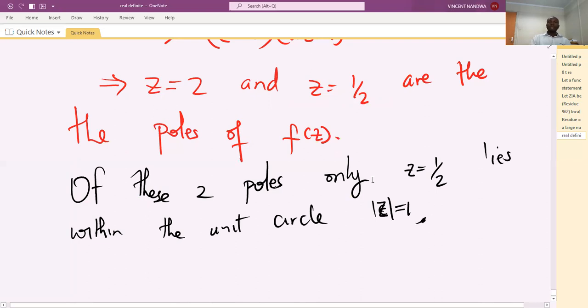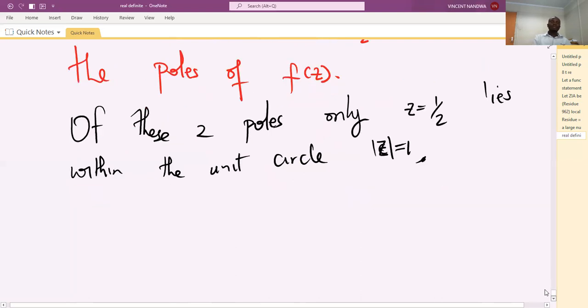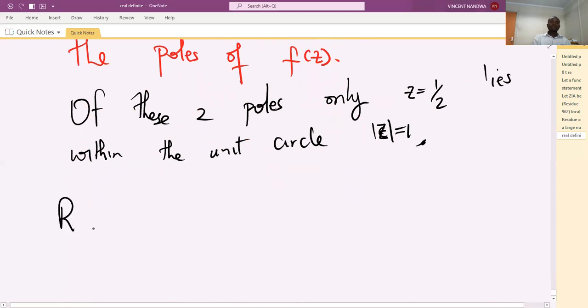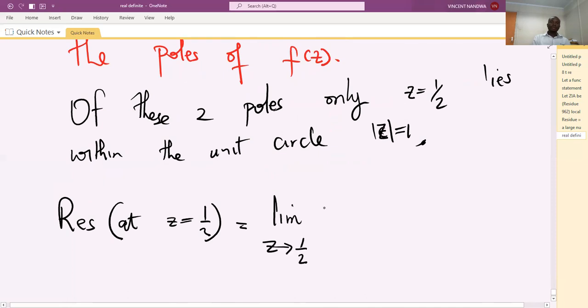So let's calculate the residue for this pole. So residue at z equals a half will be limit as z approaches a half of z minus a half times the function f of z.